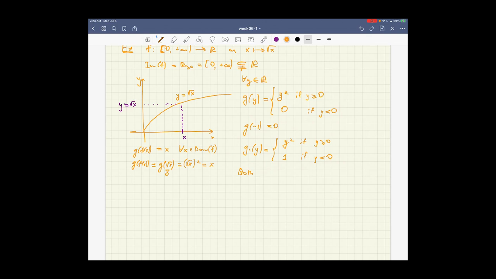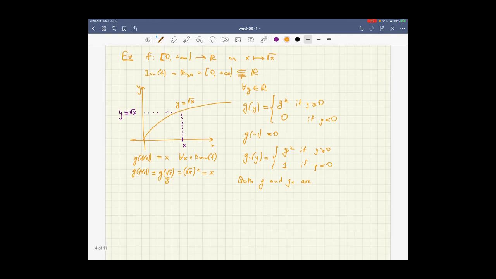Both g and g1 are functions from the set of real numbers R to the set of non-negative real numbers. But they're not equal. They're different, distinct.